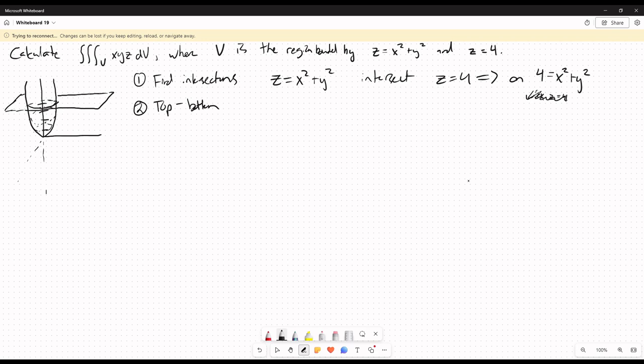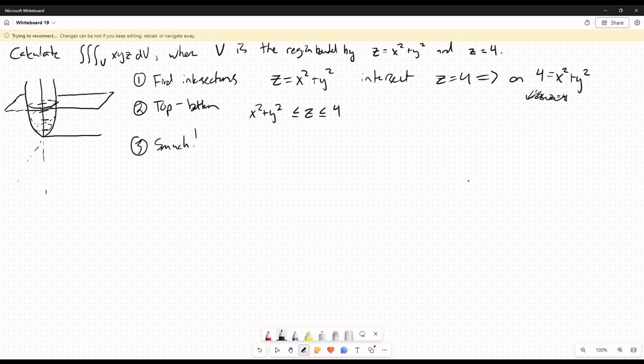But first, we're going to do our little intersection of top minus bottom. So my top function, we're going to have z is between 4 on top, and z equals x squared plus y squared, so x squared plus y squared on the bottom. Okay, now we're going to smush.